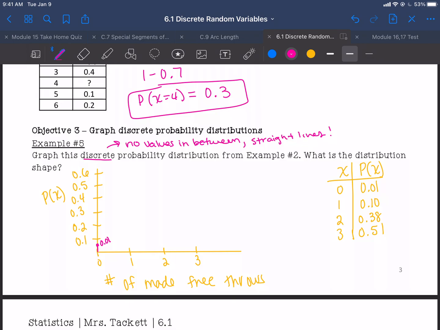Okay? So for 1, there's a 0.1. 2 free throws was 0.38. And then 3 was 0.51.